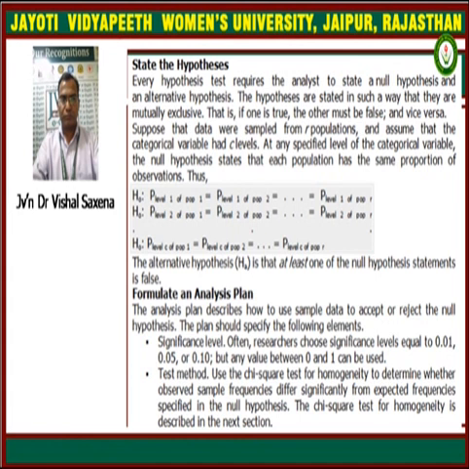We have to choose a level of significance, which might be 1% or 5%, and any other level of significance can be taken. The method uses the chi-square test for homogeneity to determine whether observed sample frequencies differ significantly from the expected frequencies in the null hypothesis.